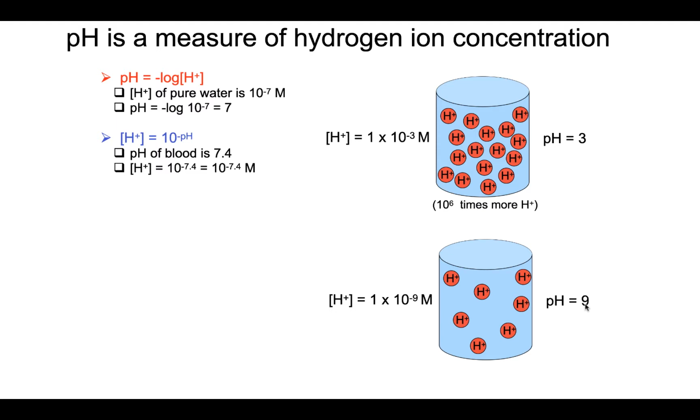Okay? Doesn't mean they're not talking about the same thing. They totally are still talking about the same thing. It's just the relationship is a little inverted because of that negative log relationship. All right, so what that means is solutions of lower pH have higher hydrogen ion concentration than solutions of higher pH. But both of them are simply measurements of hydrogen ion concentration in solution.